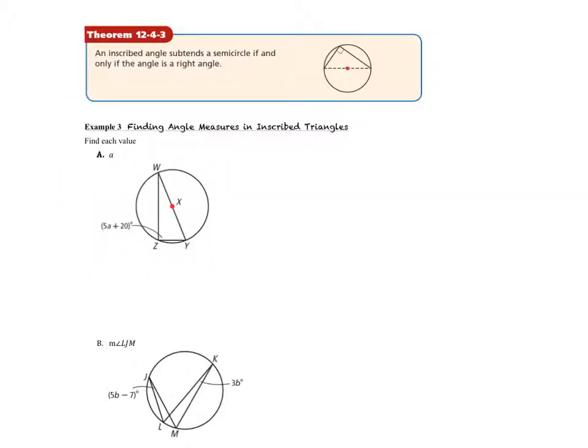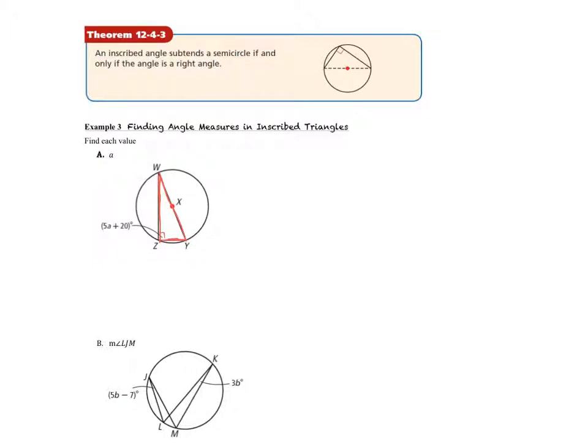So if you have a diameter involved as being the inscribed angle, then since that's 180 degrees, the inscribed angle is going to be 90 degrees.